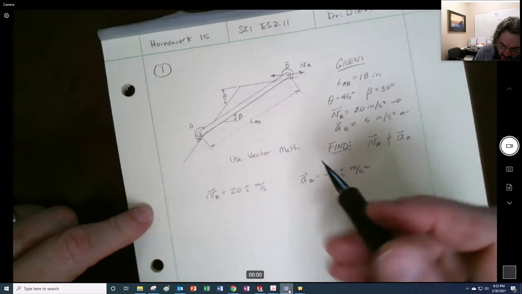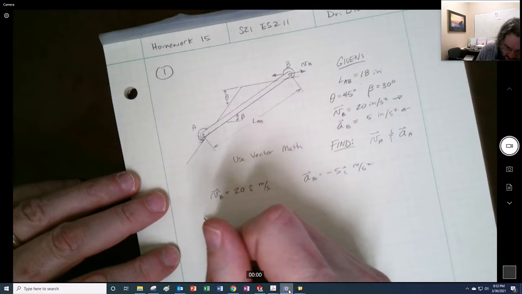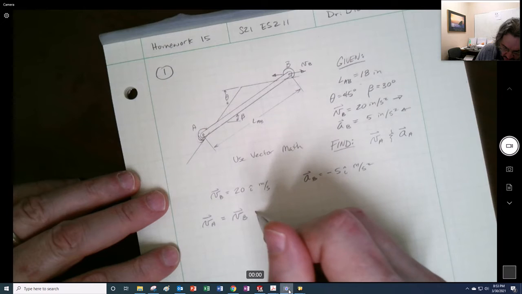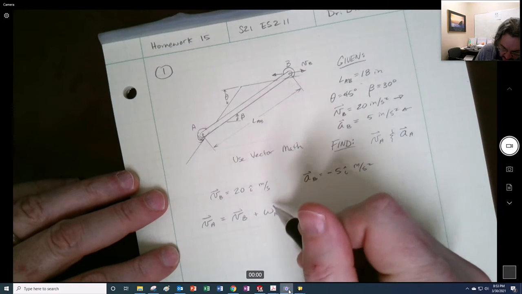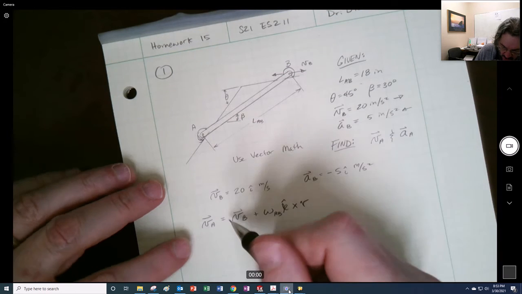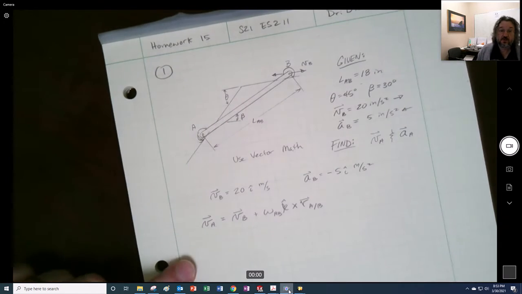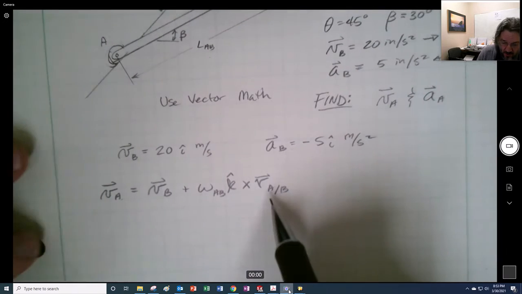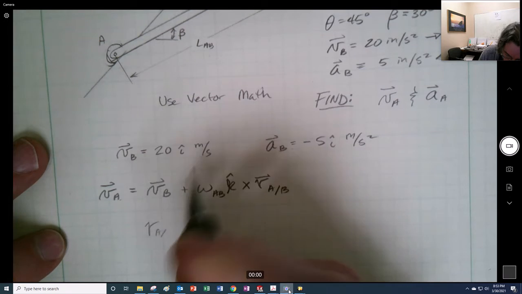Other things that we're going to need to do, well, first off, we'll do the velocity analysis. We'll say the velocity of A is going to be equal to the velocity of B plus omega AB k crossed with r, A with respect to B. All right, so it's in our interest to maybe write out r A with respect to B separately.